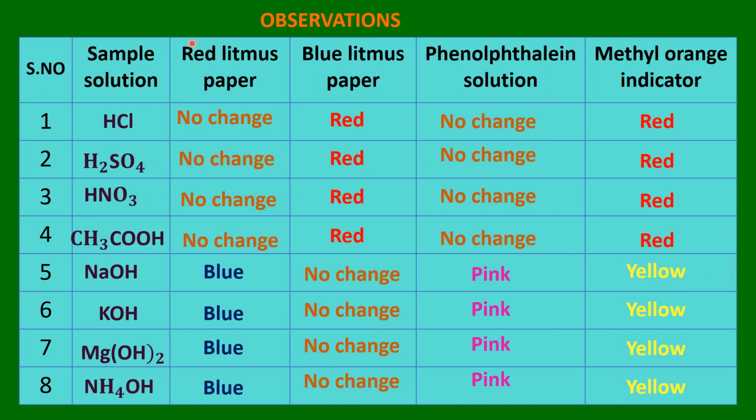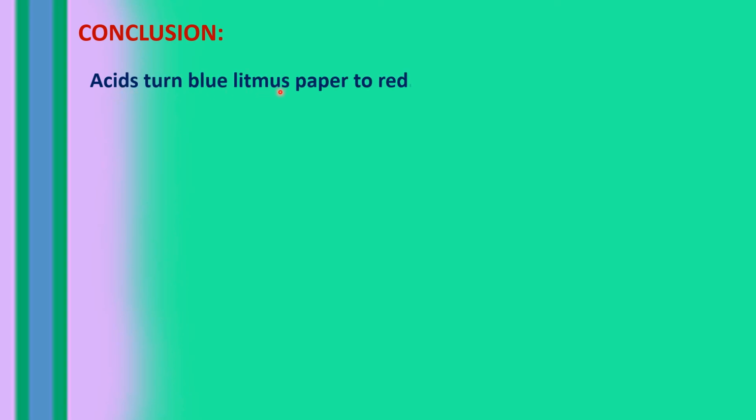Okay, now we'll write our conclusions. See, we have seen in the table that some of the solutions are acids and some of the solutions are bases. The solutions which turn blue litmus red are considered as acids.